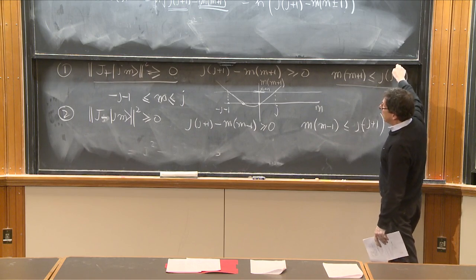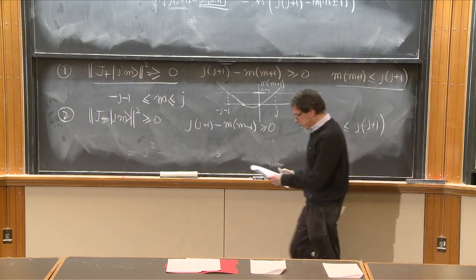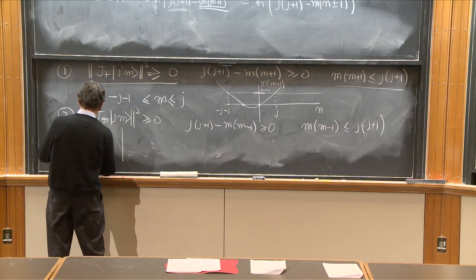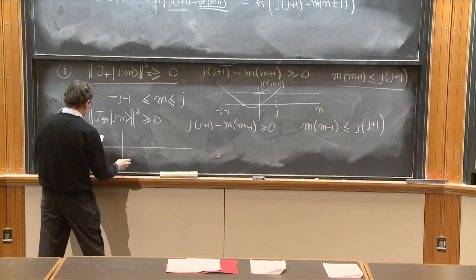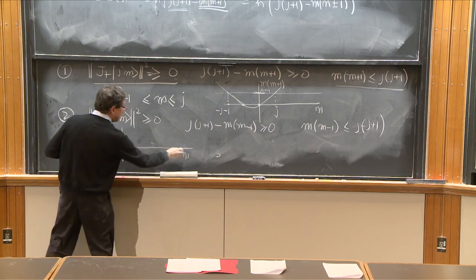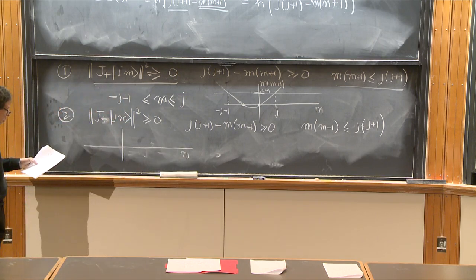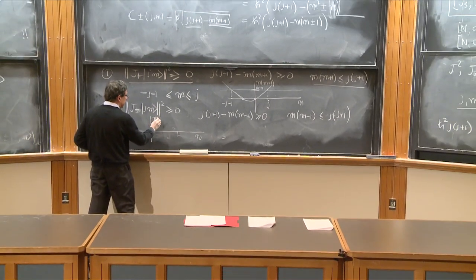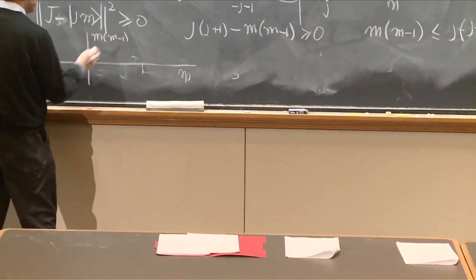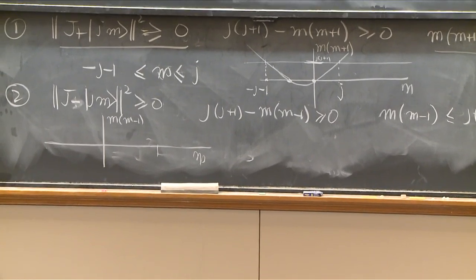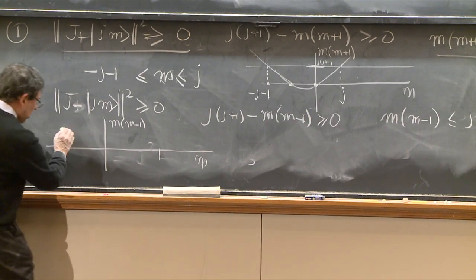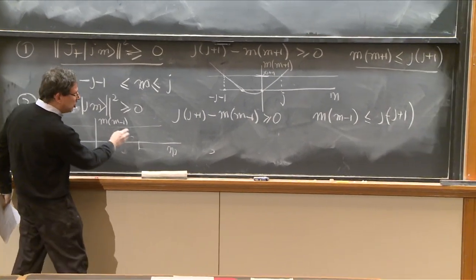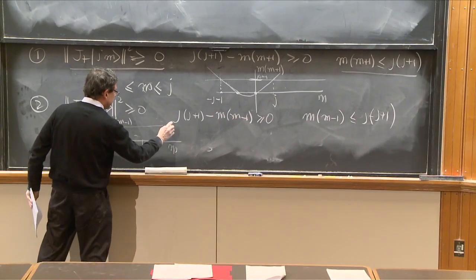And again, we try to do it geometrically. So here it is. Here is m. And what values do you have? Well, if you plot here m times m minus 1, and that should be equal to some value that you get fixed, which is the value j times j plus 1.